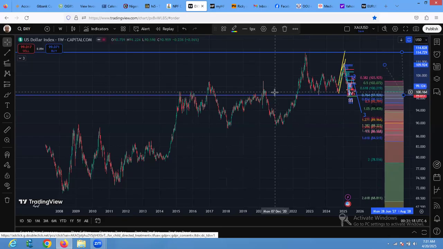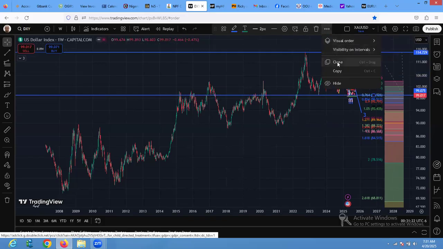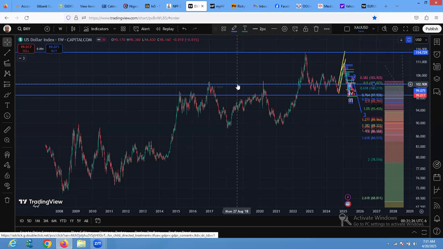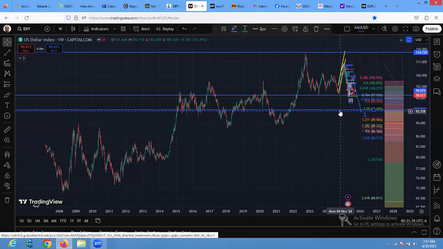So our 100% now, if I clone this, the immediate target is here at about 94,350. Let's say 94,175. That is where we must be thinking the price may pull back and change its course.